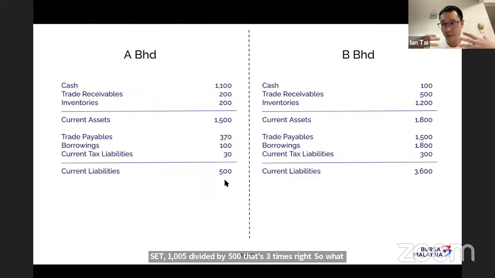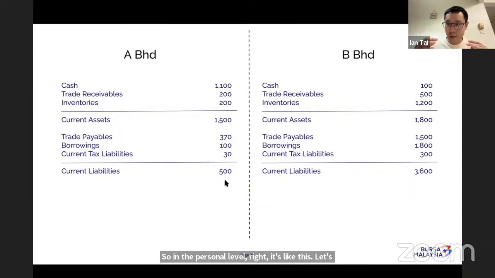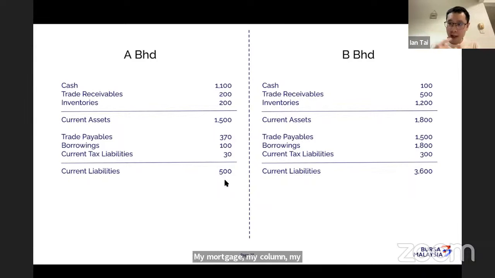For us, it's actually measured in years. This is very corporate, but I'm going to bring it down to the personal level. Let's assume that my living expenses, my mortgage, my car loan, my makan, my minum, my entertainment, my parental allowances and all this kind of stuff, lump it up, every year I need to spend 100,000.